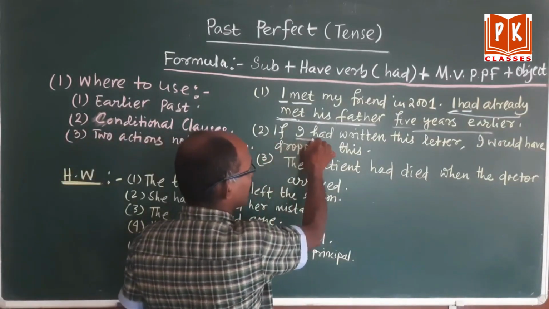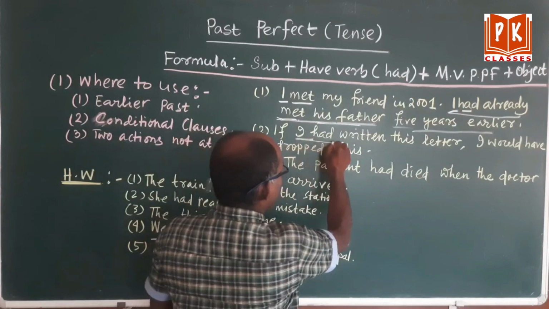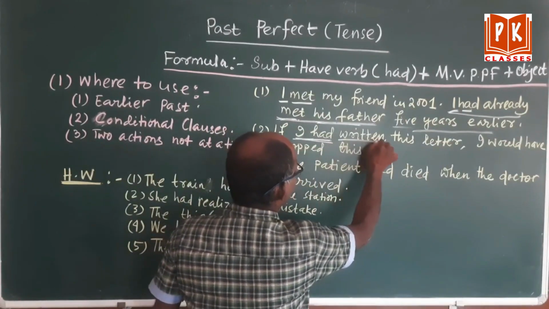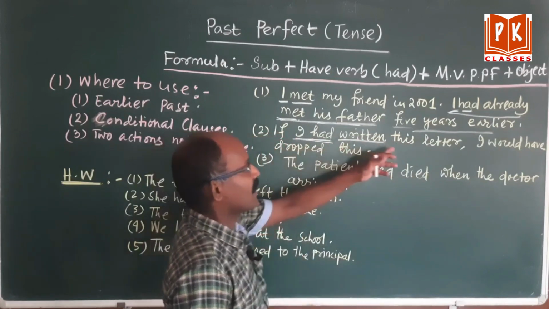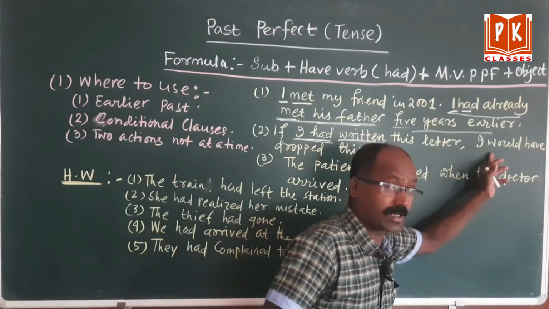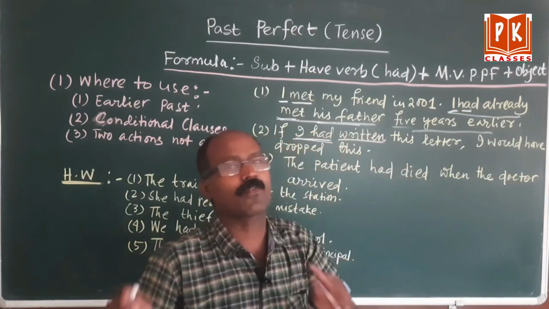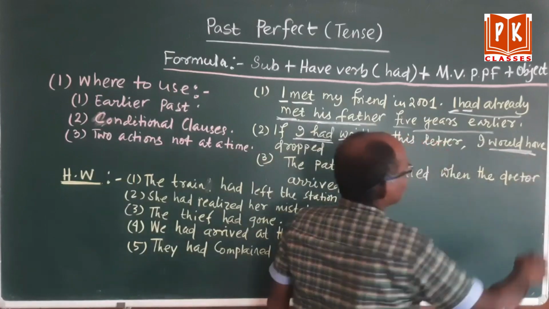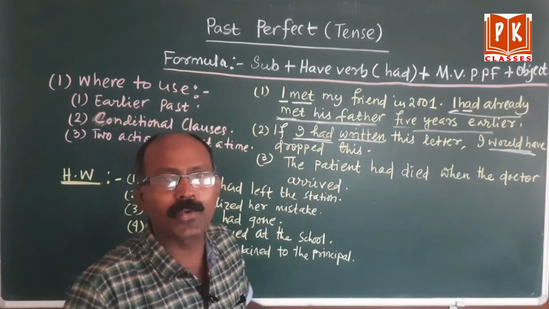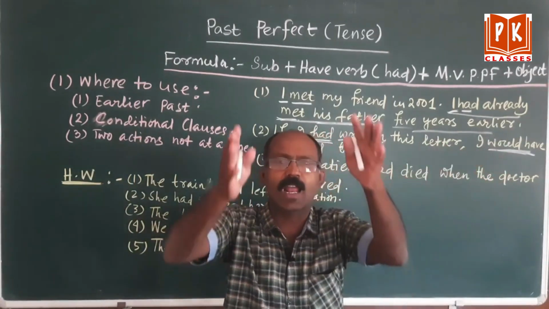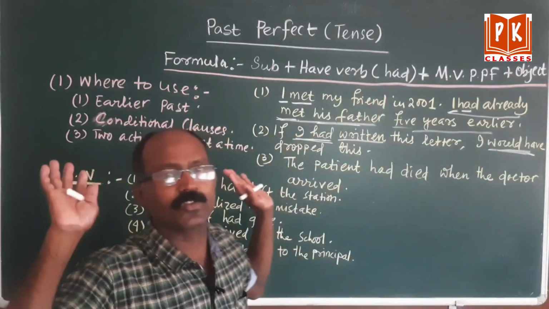If I had written this letter, past perfect is here, I is subject, have verb is had, wrote, written is third form. If I had written is there, then the other part, the second clause, that part will be in the past perfect. That means I would have. I will tell you when I teach about can, could, will, would, shall, should. In conditional past perfect, the past perfect will be used and the formula is the same.